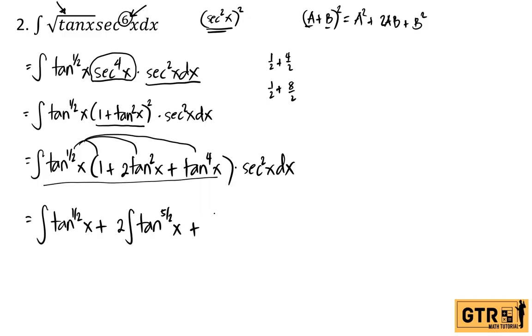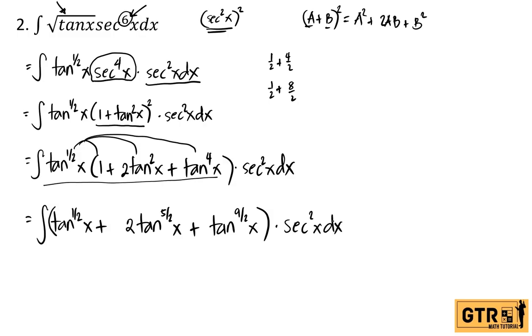Okay, so let's put this in parentheses, and let's remove first the integral sign here. So we have 2 tangent to the 5/2 x, plus we have 1/2 plus 8/2, so we have tangent raised to 9/2 x, times secant square x dx.